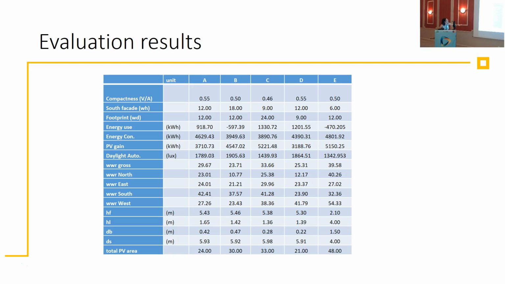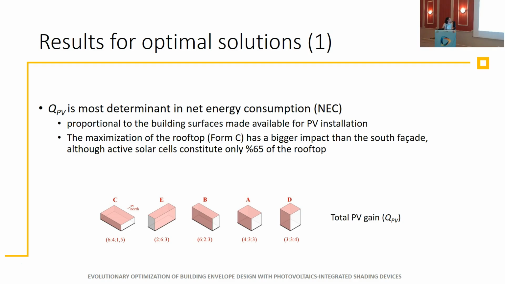The columns represent the different building forms, and these are different metrics that are used as a basis for evaluation. So several meaningful results that we can extract from these findings are as such.